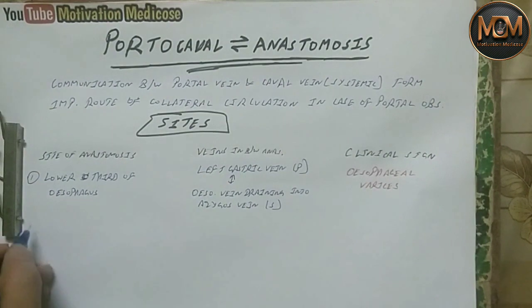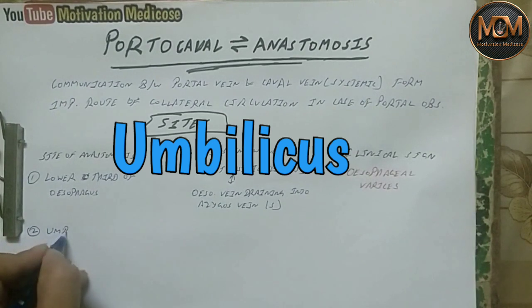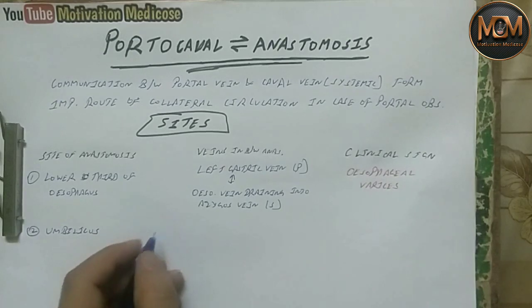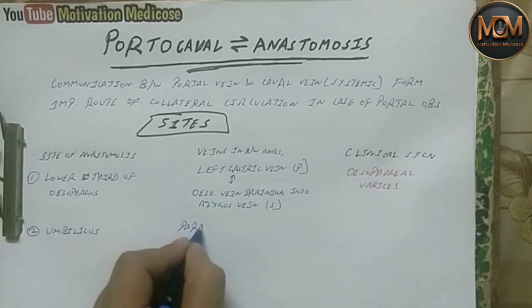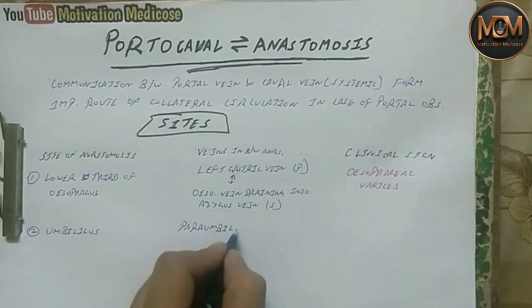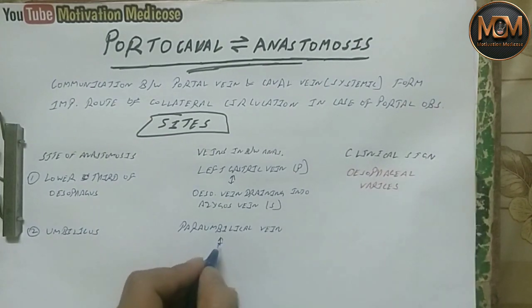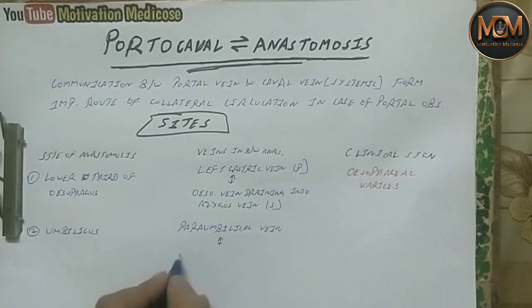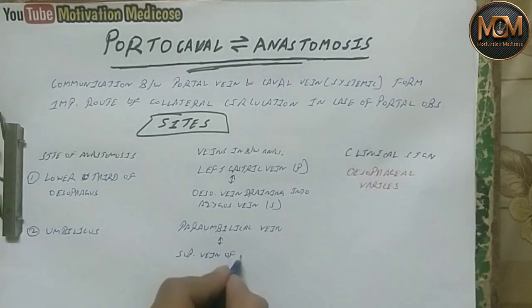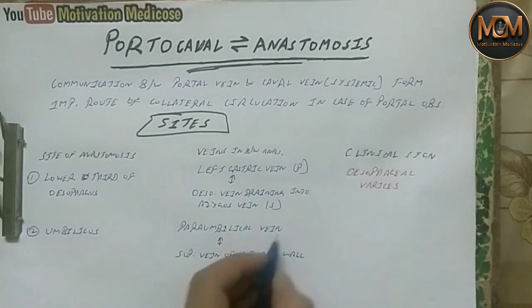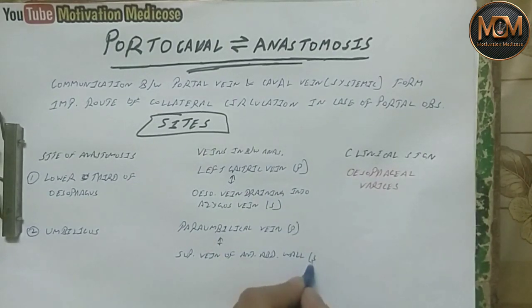The second one is at the umbilicus. It is between the paraumbilical vein, which is portal, and the superficial vein of the anterior abdominal wall, which is systemic.